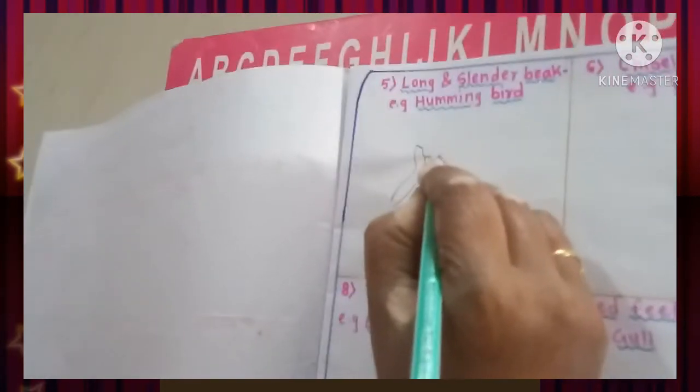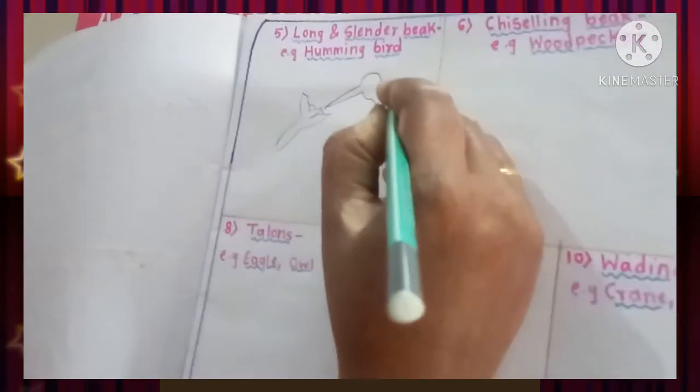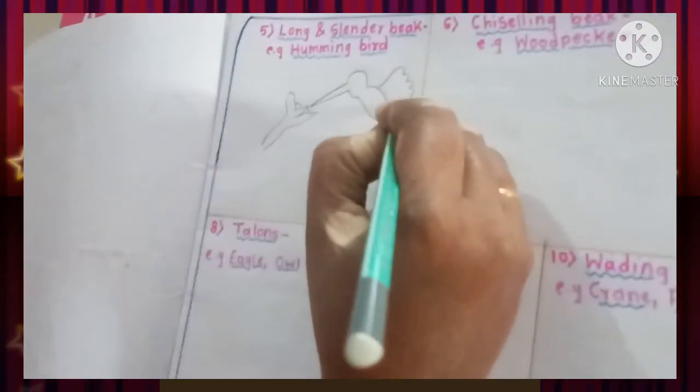Nectar is present in the flower. See, this one is a hummingbird and it has a long and slender beak. By using that beak, they can suck the nectar. That's why the beak is called a probing beak.